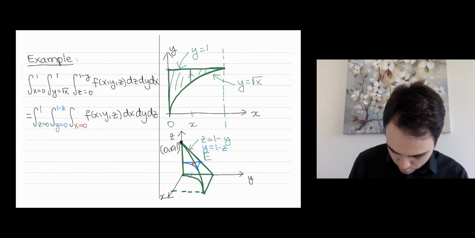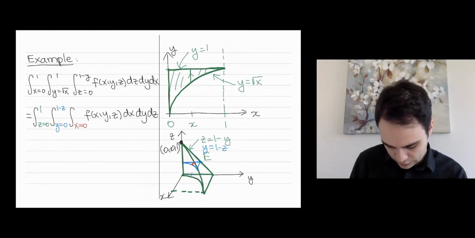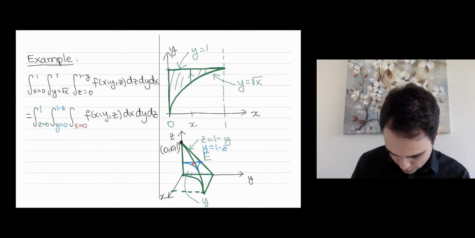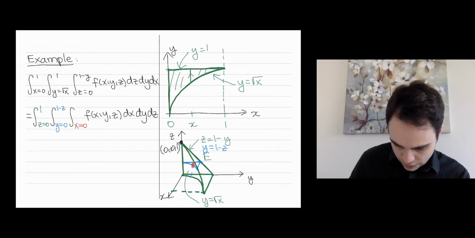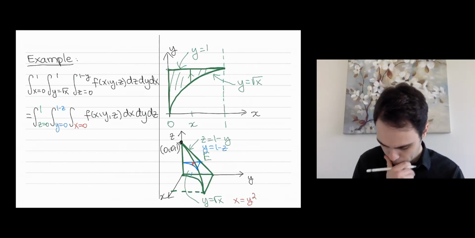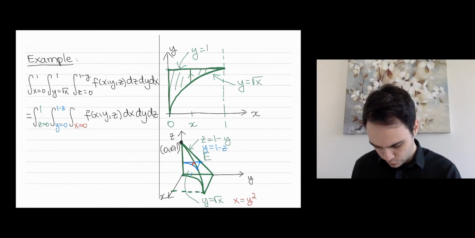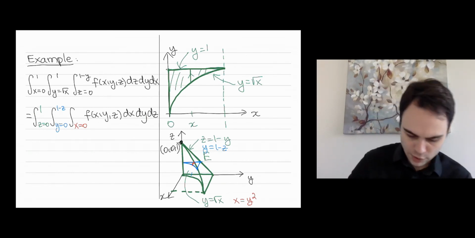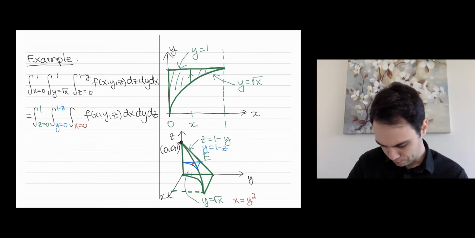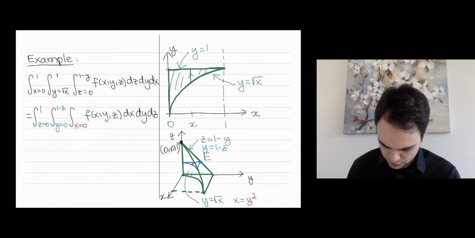So these are the points in xyz space where x and y live on this curve. So for these points, y equals root x. I'm interested in knowing the stopping value for x, so I could also write this by saying that x is equal to y squared. If y is equal to root x, then x is equal to y squared. Yes, this is correct.